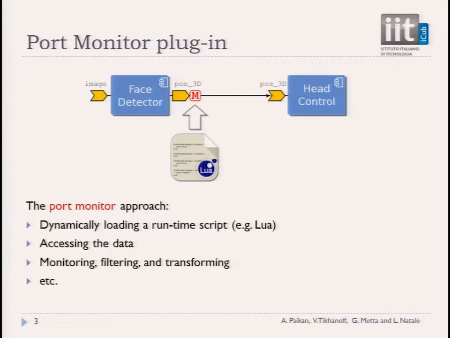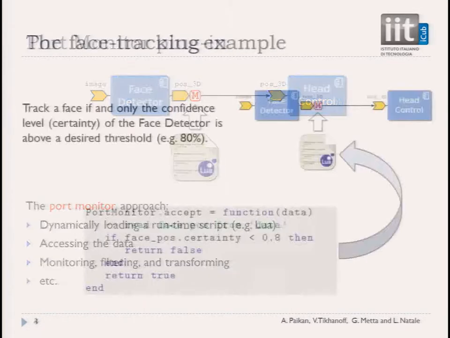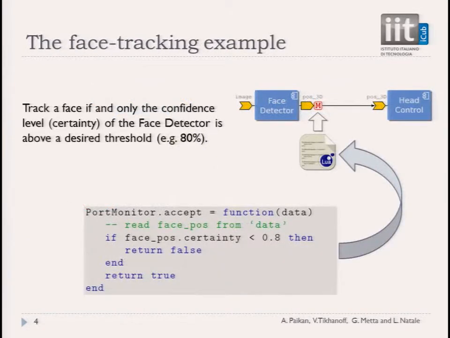So you can develop your own face tracker and then decide what is the specific threshold that you need for your application. This is a simple example. Of course, you can change any parameter that way. We did this through Lua, a specific scripting language, and this is uploaded into the port at runtime.